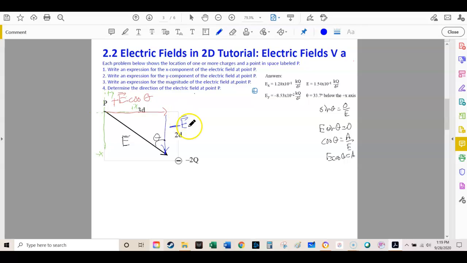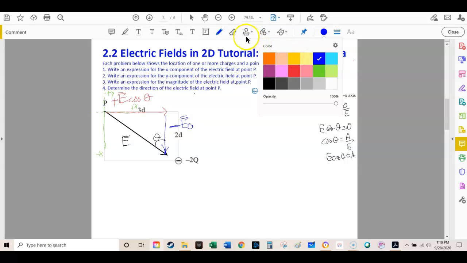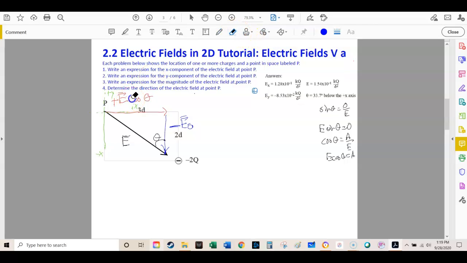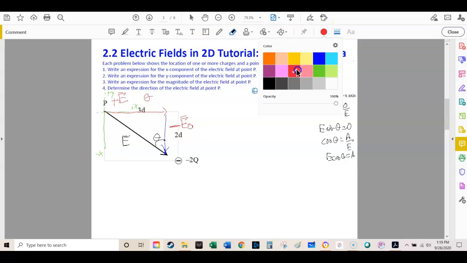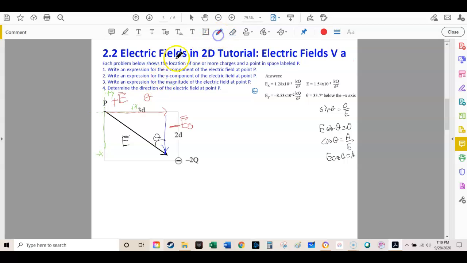And that is going to be E sine, oh boy, I made a mistake. Let's rewind that for a second. This should be sine. This should be E sine of theta, because sine goes with opposite.